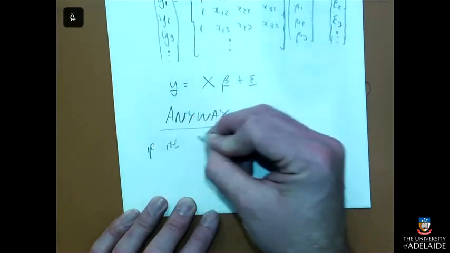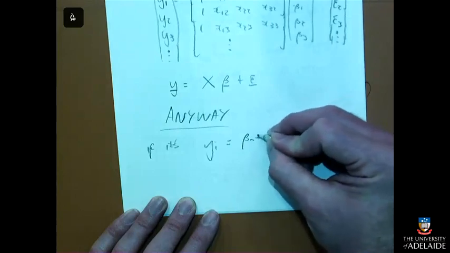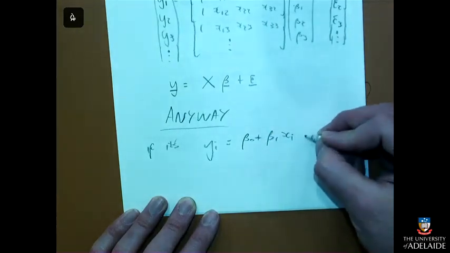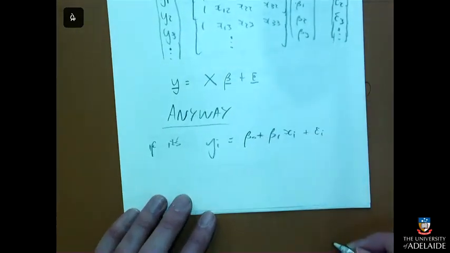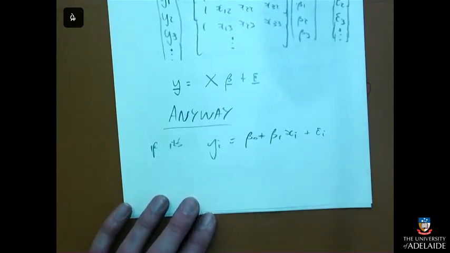If it's just yi is beta naught plus beta 1 xi, and there's only one variable, then you have formulas for how to calculate the beta naught and the beta 1 that you've been given. But if you're in multiple regression, you haven't been given those formulas because they're a bit complicated and involve a whole lot of matrix multiplication stuff.